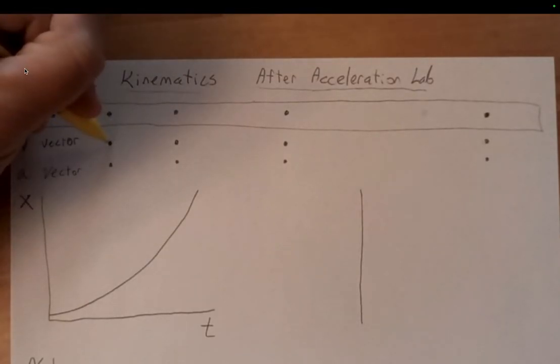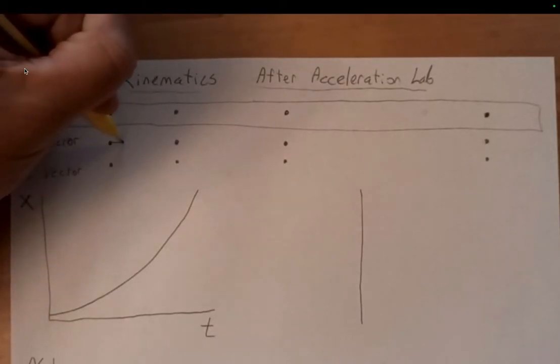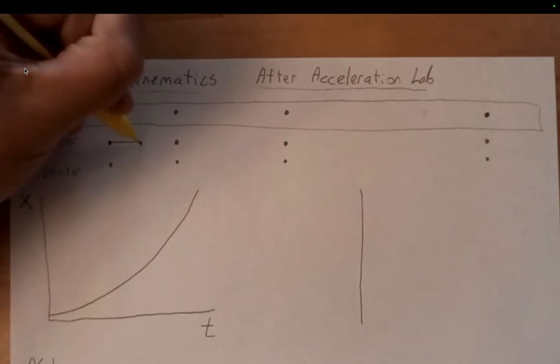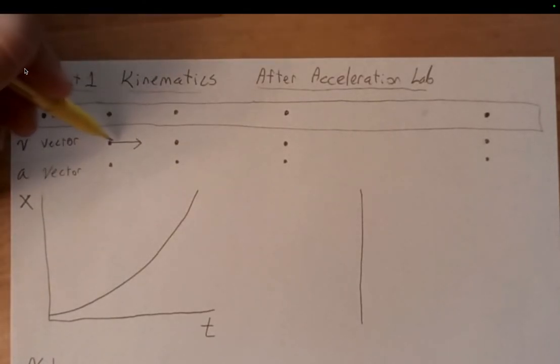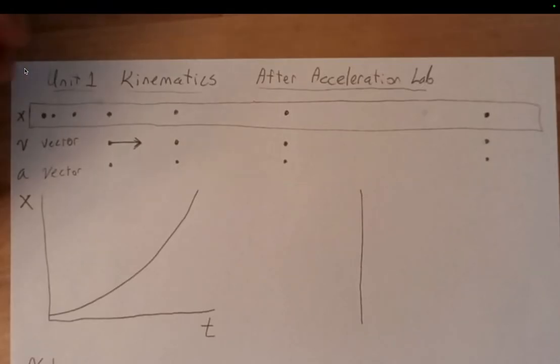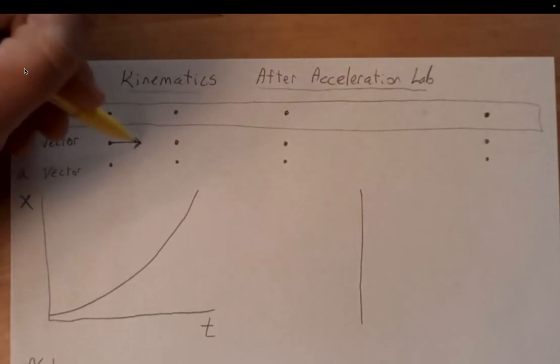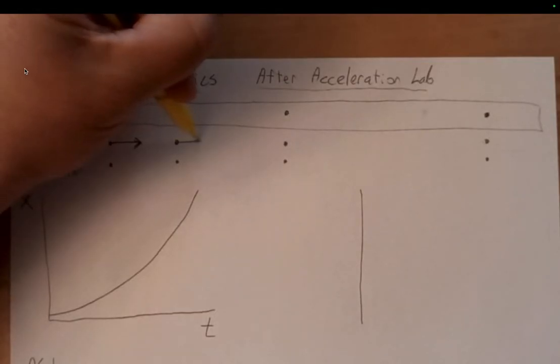If I draw in a velocity vector going from this point to this point and I draw it halfway, then that would be this velocity vector. I'm showing the direction that it's going to the right, and I can see then this velocity has a certain amount.